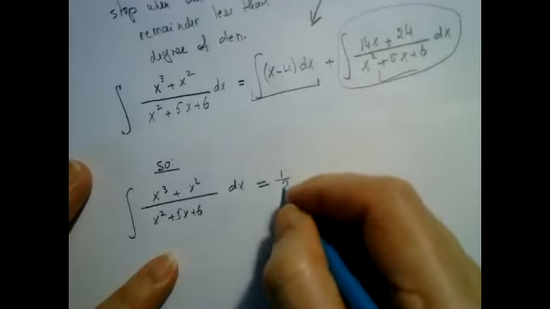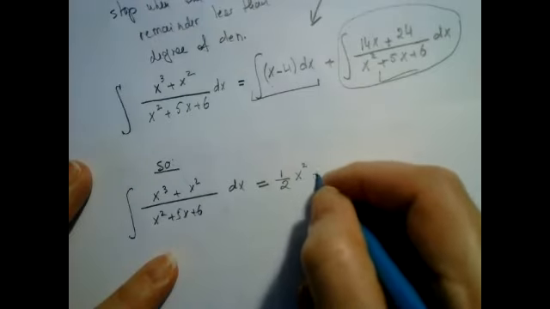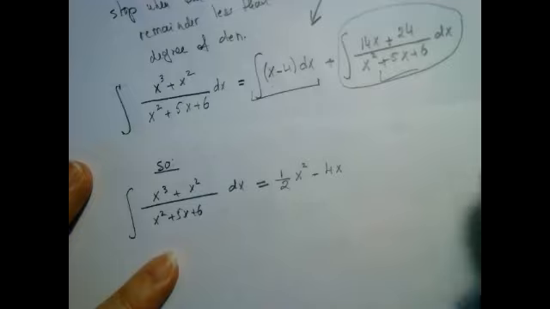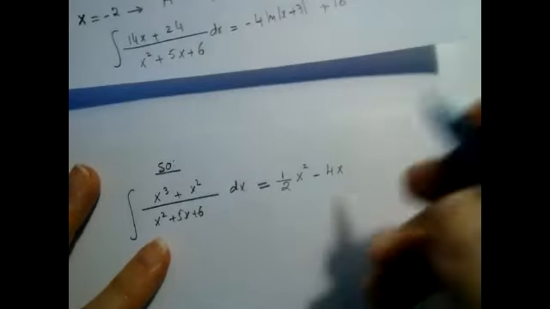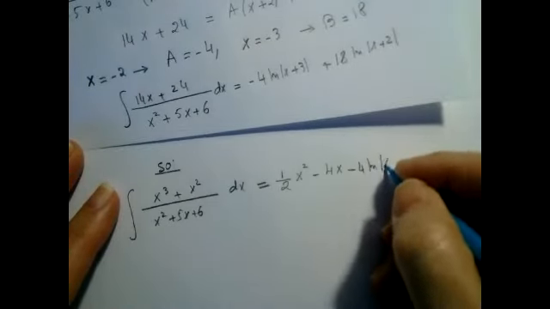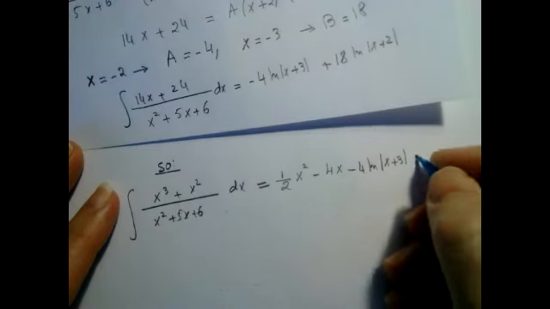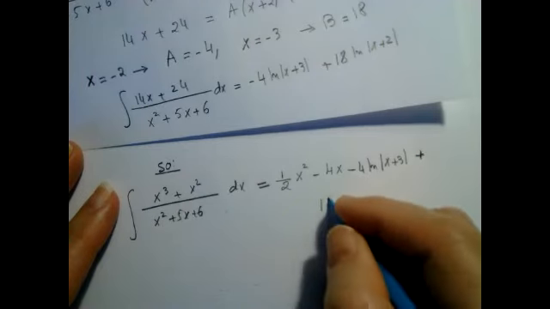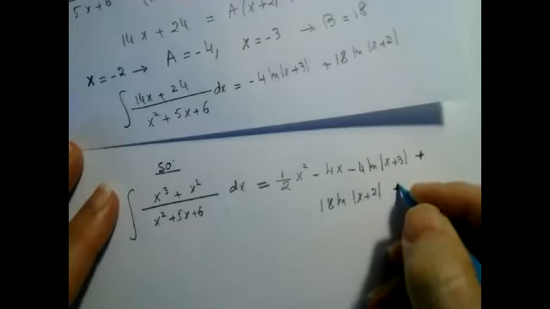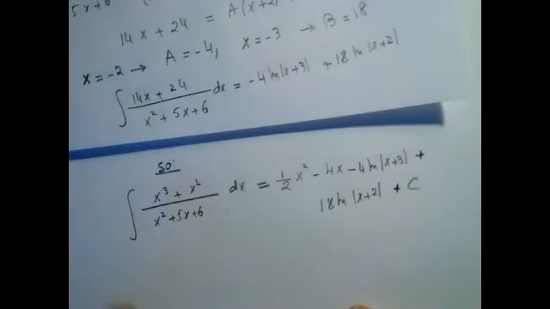It's a half x squared minus 4x, and this one gave us minus 4 ln of x plus 3, plus 18 ln of x plus 2 plus 3.